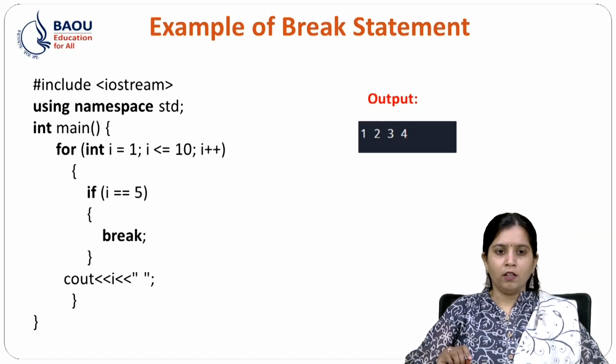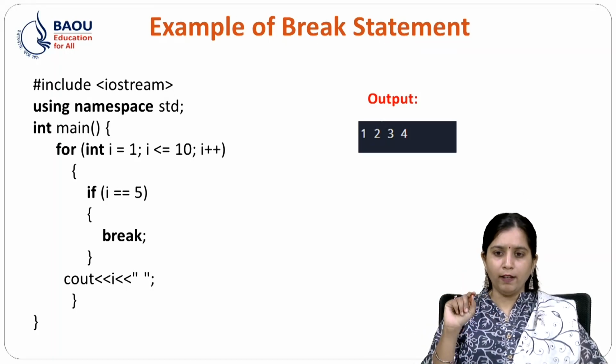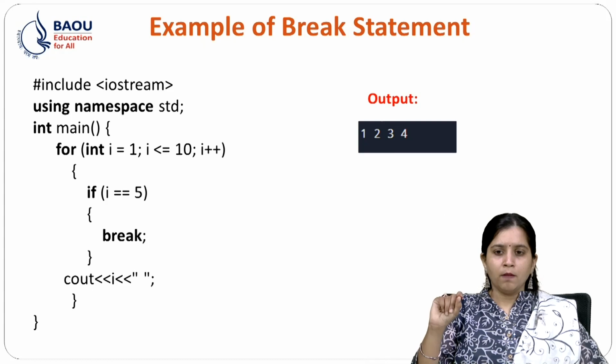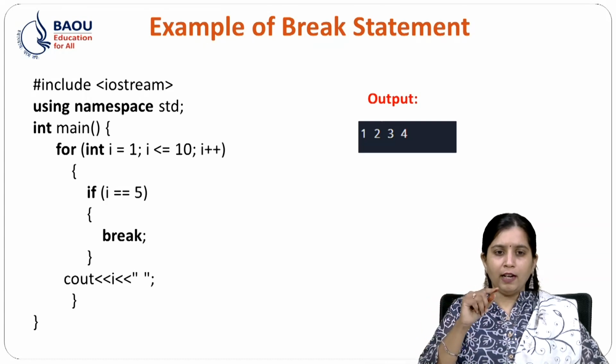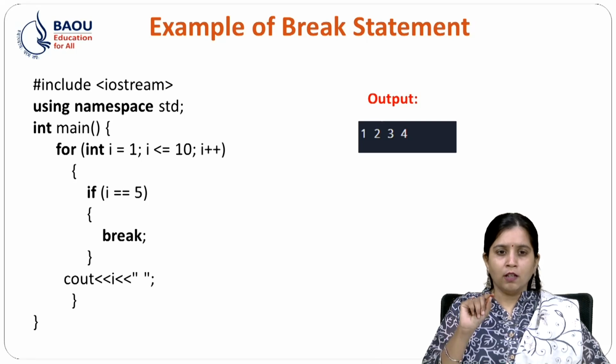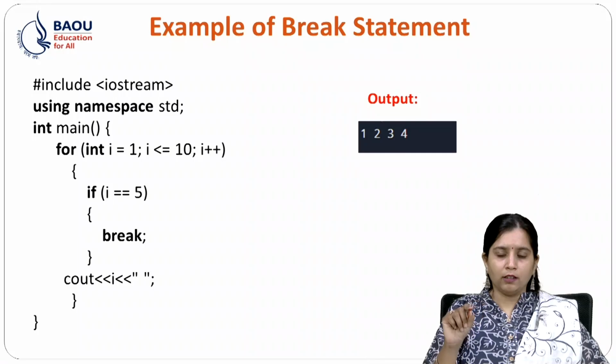Whenever our i comes to 5, that is, at first i is equal to 1. So in the if condition, 1 is equal to 5, no. So cout i, then the program will show 1. After that, i++. So now 2 is less than or equal to 10, yes. Then 2 is equal to 5, no. Then cout 2.